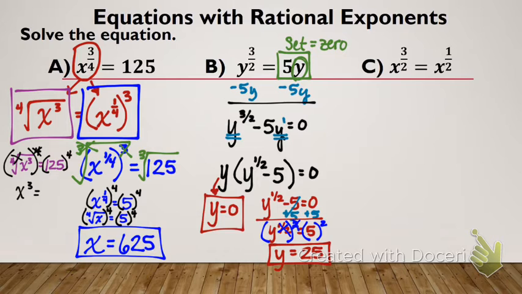All right. On C, do I need this one to be equal to 0 or no? Yes, I do. So I'm going to set this equal to 0. That means I'm going to subtract x to the 1/2 power from both sides.